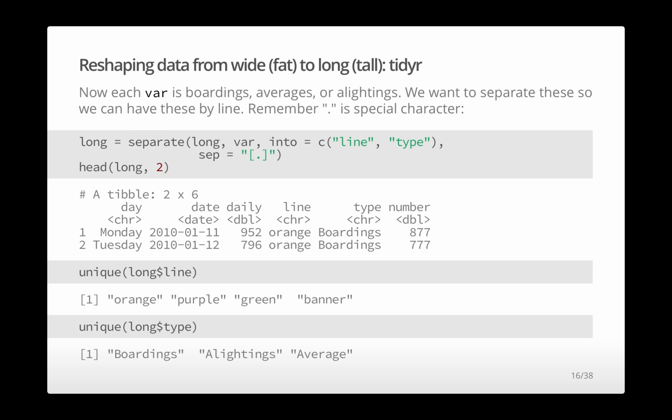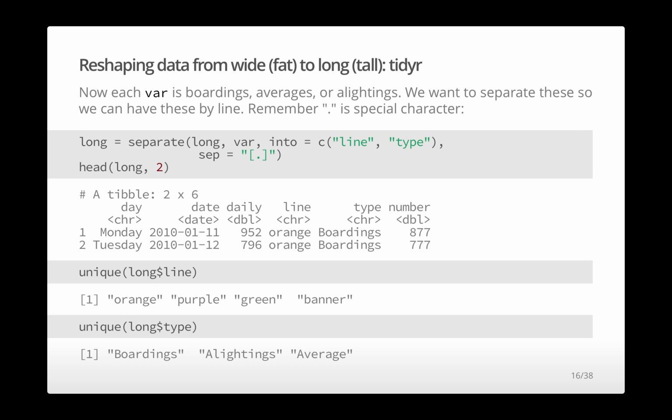Why do we care to do that? Because the separate command will allow you to separate a variable, in this case var, into line and type. So we want the color of the line, whether it's banner blue, banner purple, orange, or green, and what they are. Is it boardings, alightings, or the average of the two?